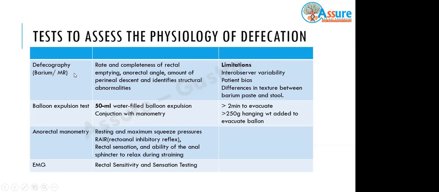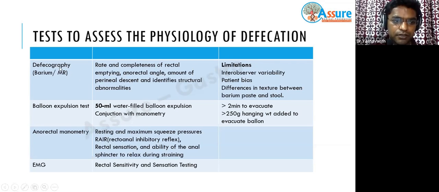Yeah. In defecography, what we try to assess is the rate and completeness of rectal emptying. I'll show you a video, and it has interobserver variability, bias, and a technique of doing it. You need a radiolucent commode if you're doing X-ray based, barium based defecography.